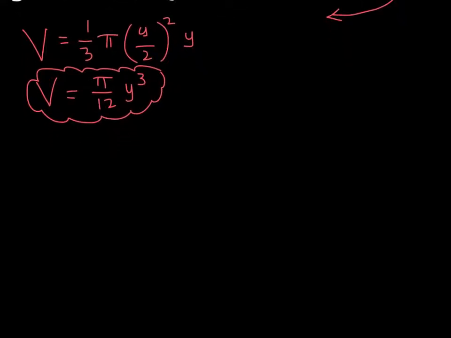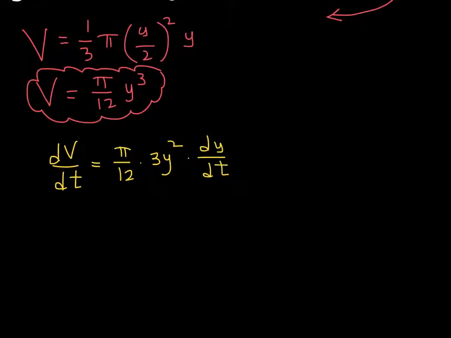So dV/dt, I'm going to take the derivative, is equal to pi over 12, which is a constant, so we'll just leave it, times 3y squared times y prime, or dy/dt.